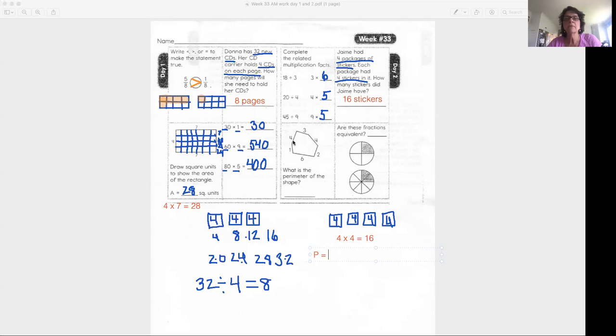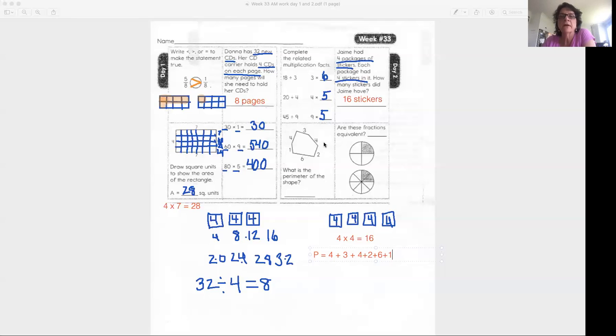I'm going to start with this 4 here, and I'll go clockwise around the shape: 4 plus 3 plus 4 plus 2 plus 6 plus 1.